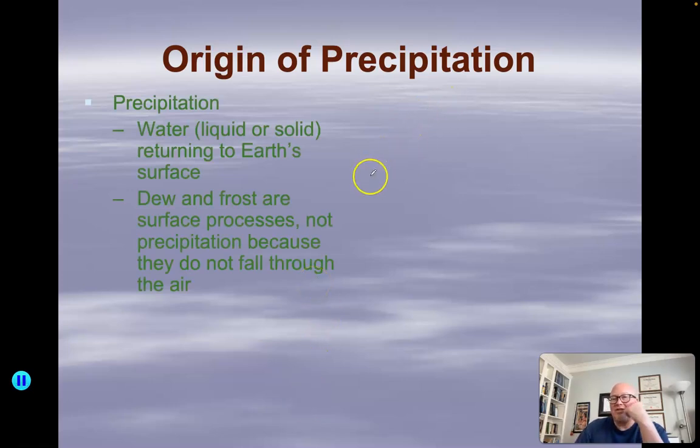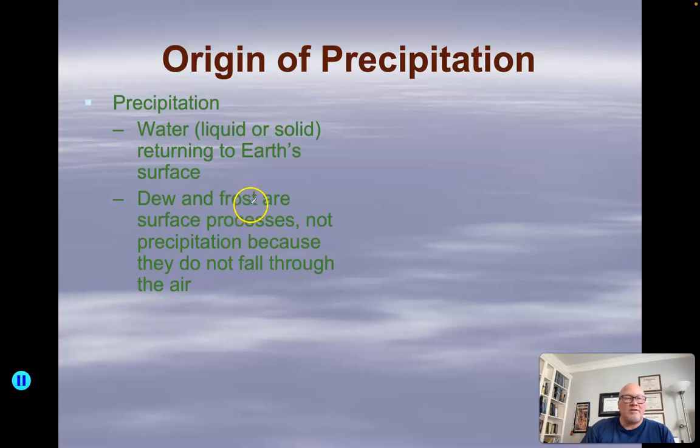So, precipitation. Precipitation is simply when you have moisture falling back to Earth. This is water, liquid or solid, returning to Earth's surface. Dew and frost are surface processes, and so we don't consider them precipitation because they don't fall through the air.